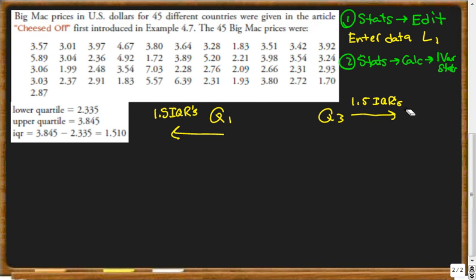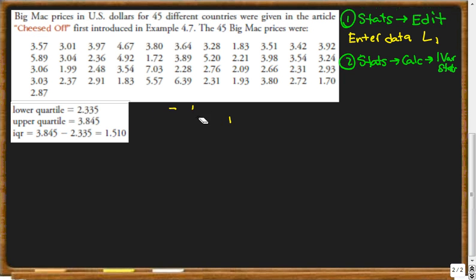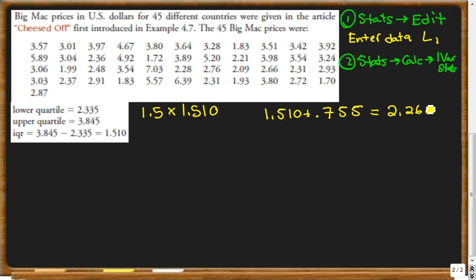So we need that number. We need to know what 1.5 of our interquartile range is in order to identify our outliers. So if we do 1.5 times 1.510, plus 0.755, that is going to give us 1.5 IQRs would be 2.265.